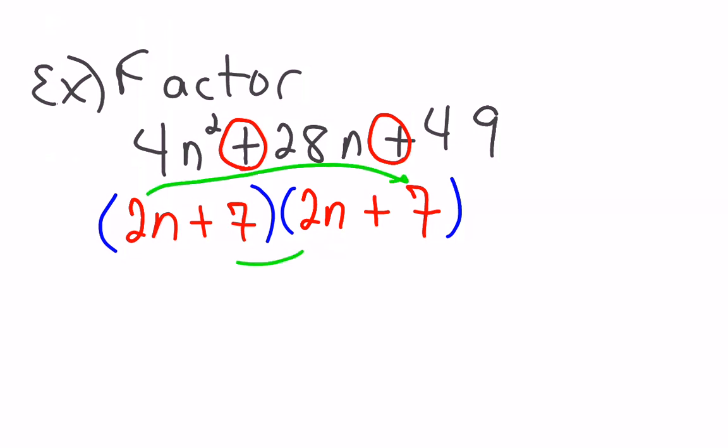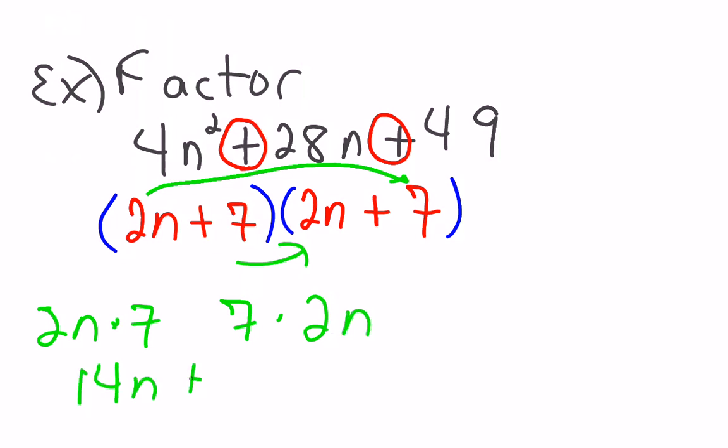Do we get that middle term? So we have 2n times 7, and then we have 7 times 2n. We get 14n plus 14n gives us 28n.